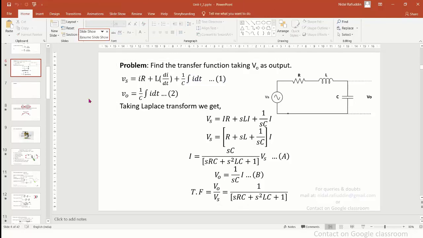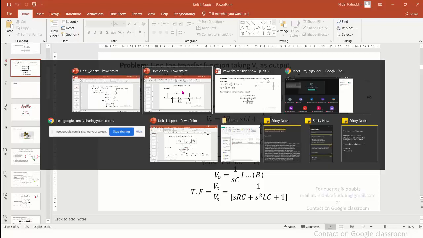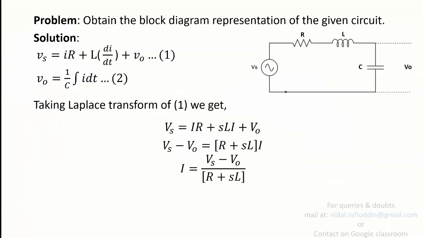So the basic difference in writing the KVL for obtaining transfer function and for obtaining block diagram is this term. So instead of this term, we are going to write simply V naught. V naught is nothing but the same voltage that appears across the capacitor, and you will understand why we are writing this term instead of 1 upon C integral I dt.